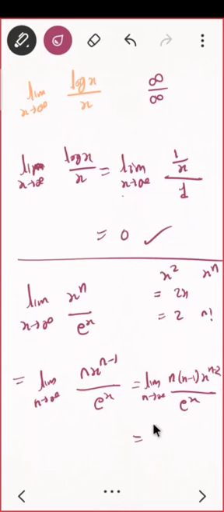So the limit as x tends to infinity will be n factorial upon e raised to x. And again you see, in the numerator there is no term of x, and in the denominator it is e raised to x, so it is something like 1 upon infinity form. So this is 0. The limit is 0.